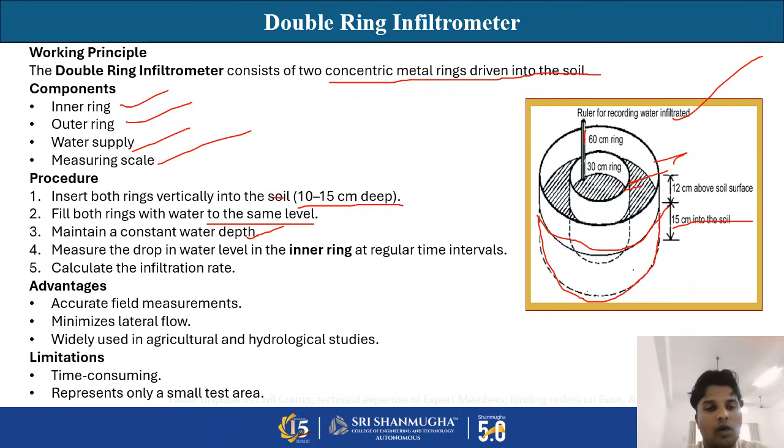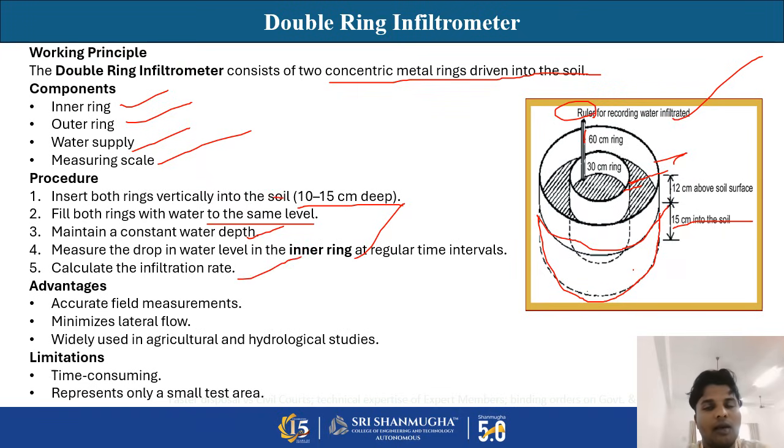Then measure the drop in water level in the inner ring at regular intervals, with the help of a ruler, recording the water level. Then we have to calculate the infiltration rate.